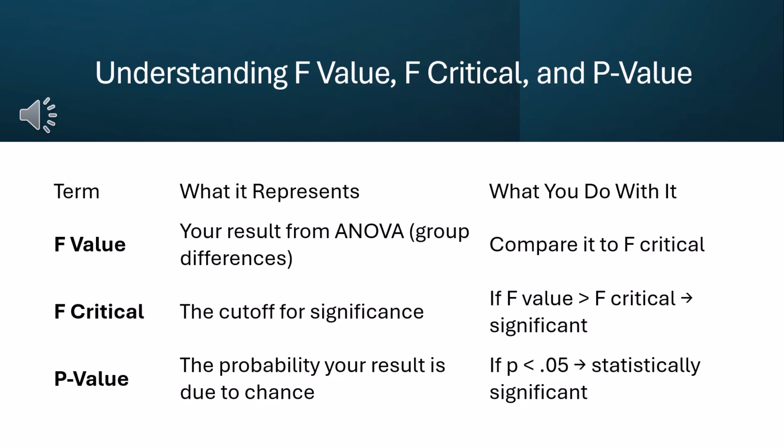Since 4.75 is greater than 3.32, which is your F critical, you have enough evidence to say at least one group is significantly different. And because the p-value is 0.02, which is less than 0.05, the result is statistically significant. So the test scores between the three teaching styles differ enough that it's very unlikely this happened by random chance. So you'd conclude that at least one of the teaching methods works differently than the others.